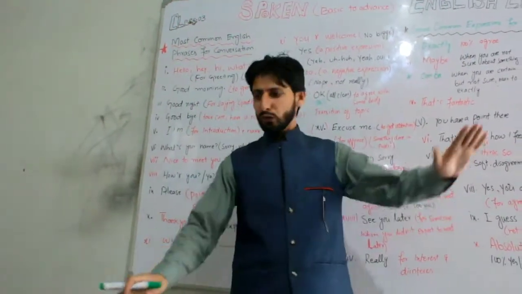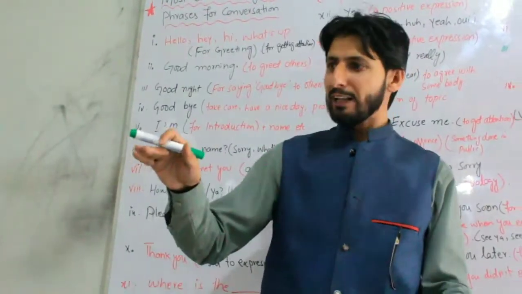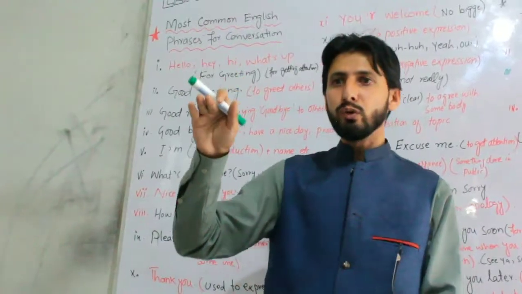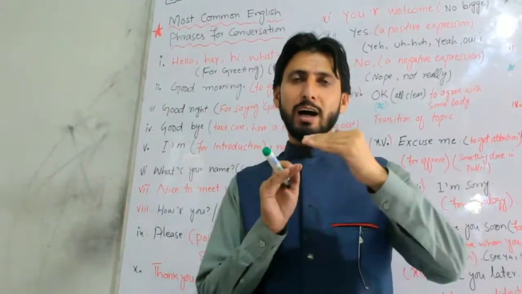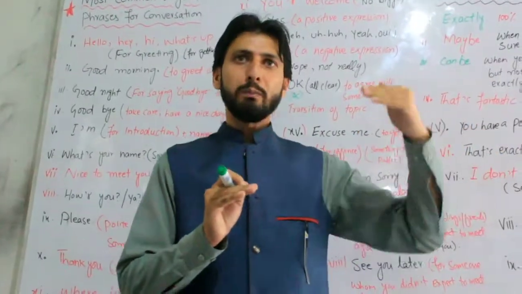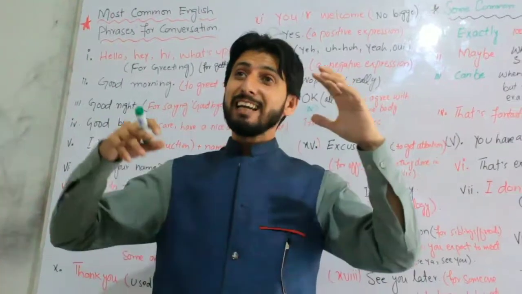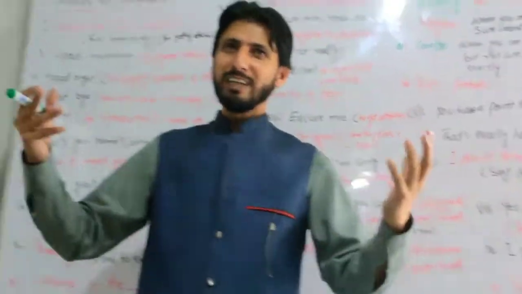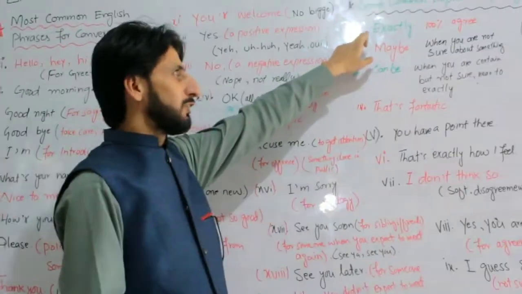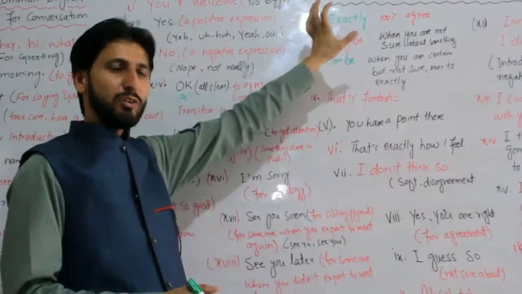So might is used when there is less chance of something, and can be is used when there is more chance than maybe, and must is used when there are more than 90% chances of a probability, of a possibility happening. And when a thing is 100%, then there is no need for must be, can be, might be. We can use exactly. For 100% agreement we can use exactly.